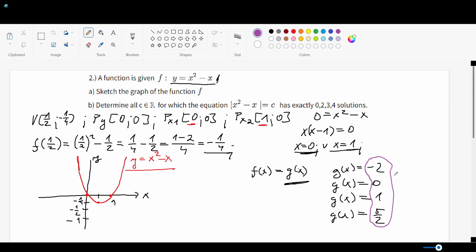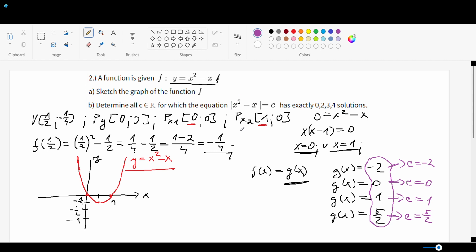So basically in this case my c is equal to -2, here my c is equal to 0, here c is equal to 1, and here c is equal to 5/2, which basically means, and this is our task, to find for which c's this equation here has exactly 0, exactly 2, or exactly 3 or 4 solutions.